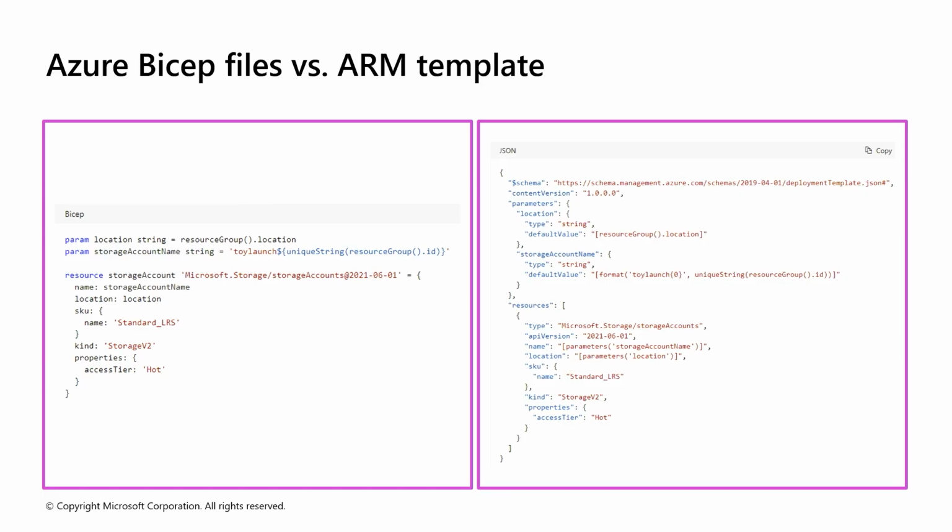It's easy to learn, requiring no prior programming experience, and integrates seamlessly with Visual Studio Code through a rich editor that provides type safety, IntelliSense, and syntax validation. These benefits make Bicep ideal for scenarios where clarity, maintainability, and rapid iteration are essential.